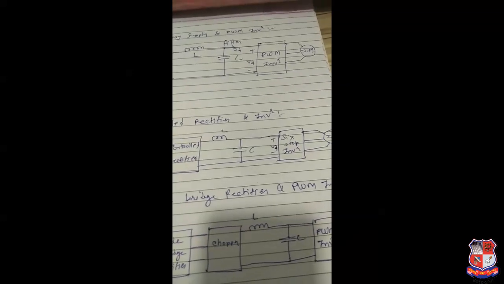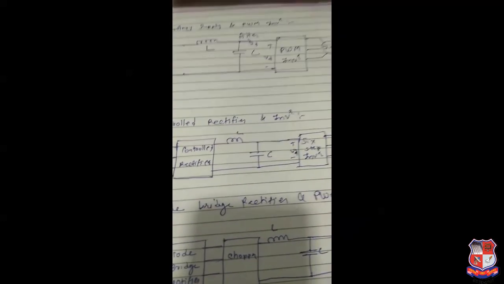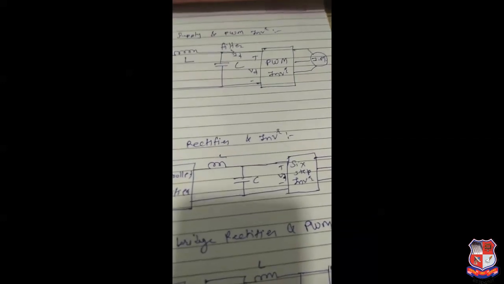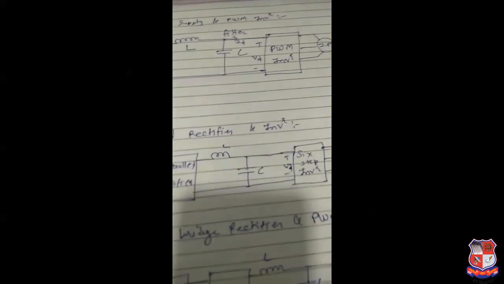Similarly, the CSI, current source inverter. In the current source inverter we maintain the current. How to maintain it? For that we have to use an inductor instead of the capacitor.